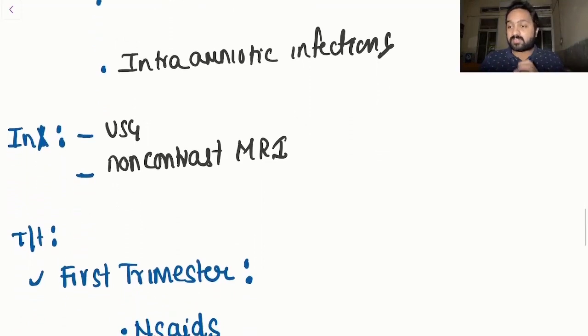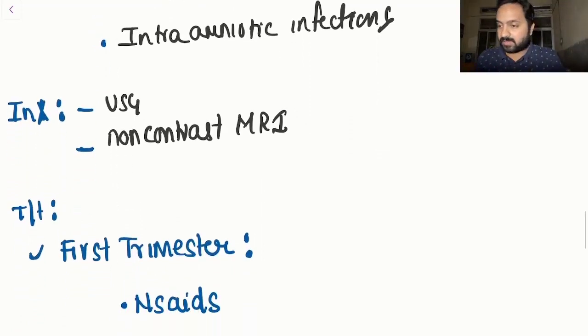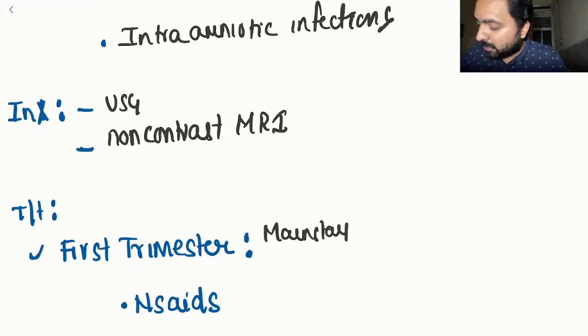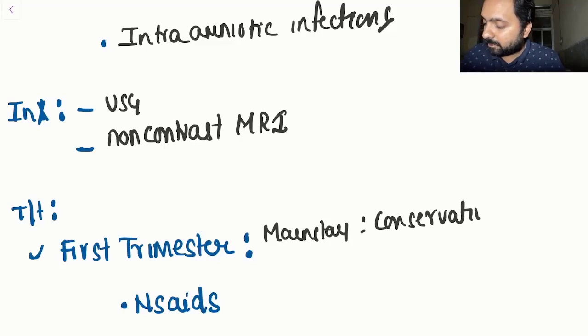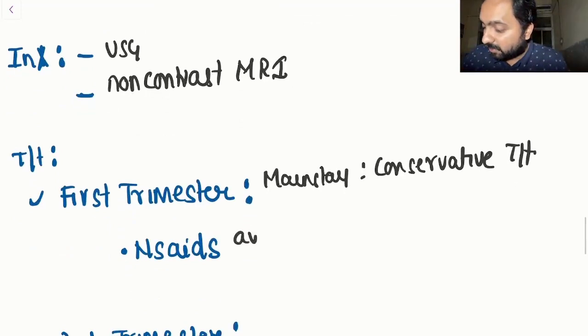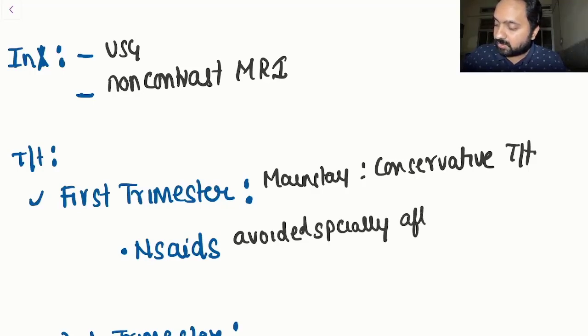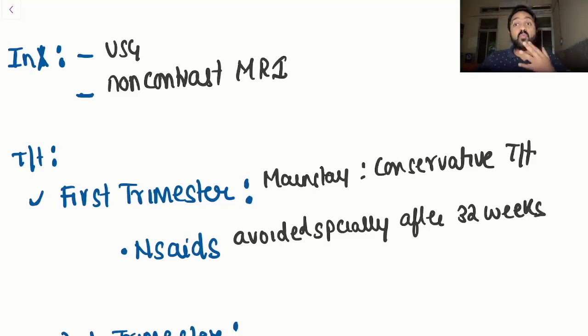Now, regarding treatment. In the first trimester, the mainstay for mild cases is conservative treatment. NSAIDs are usually effective, but they are avoided, especially after 32 weeks. Why?